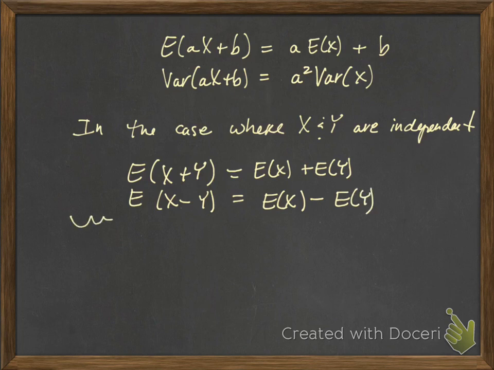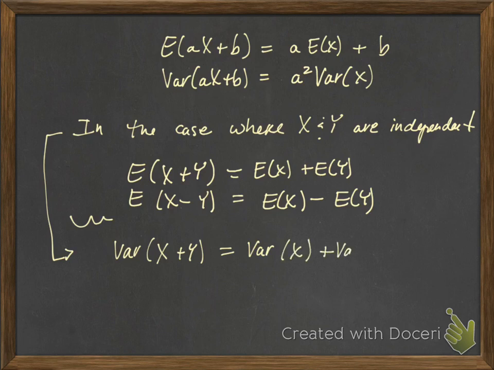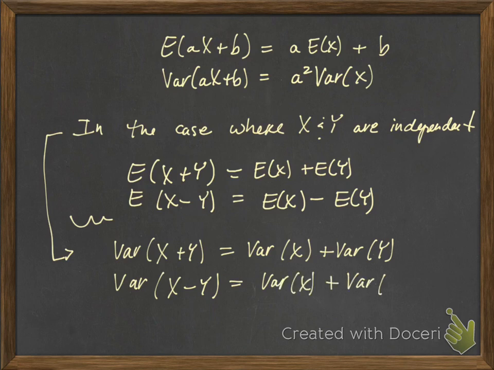Now here's where independence matters. In the case where those random variables are independent, the variance of the sum is equal to the sum of the variances. That's not normally true when they're not independent. And beware, the variance of the difference is really also the sum of the variances. So there's a summary of your functions on a random variable x for both the discrete and the continuous random variables.